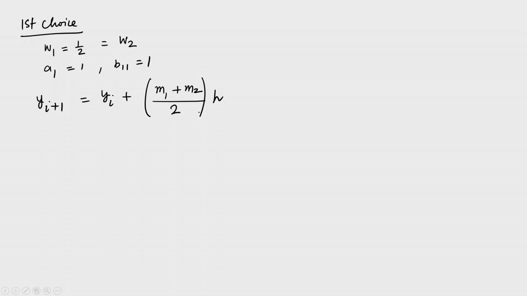If you recall, this is nothing but the Heun's method, where we have taken 2 points at the 2 extremities and taken their weights to be equal to half. So, we have taken the initial point i and the final point i+1, calculated the slopes. The slopes are called m1 and m2, and the effective slope that is taken is (m1 plus m2) divided by 2.